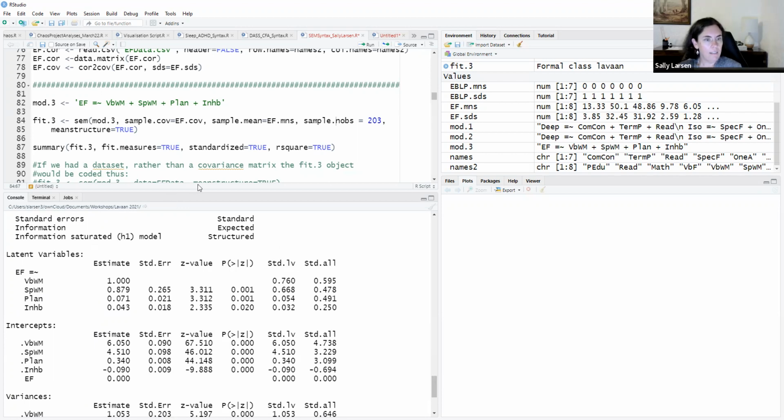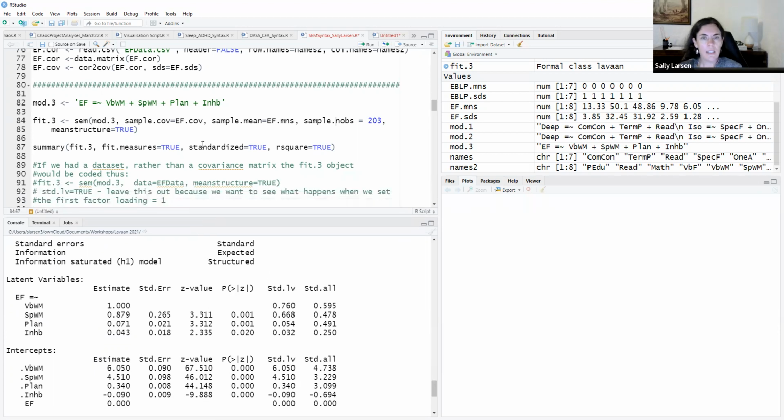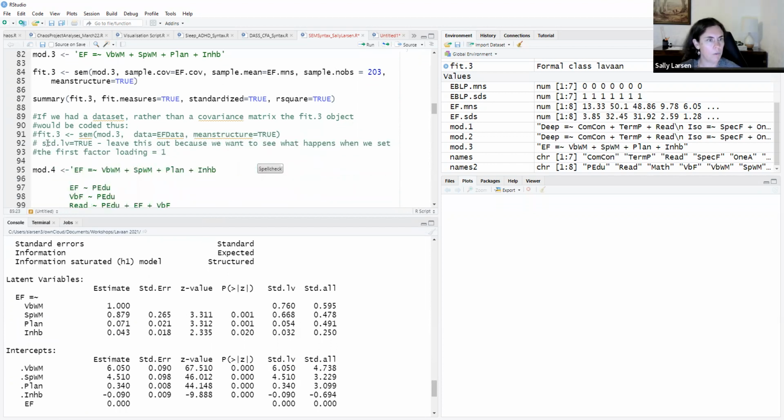In this case, what I did not do in this line of code, and I wrote it down here so that I would remember, is I didn't put in standardized latent variables equals true. I left that out because we wanted to see what happens when we set the first factor loading at 1.